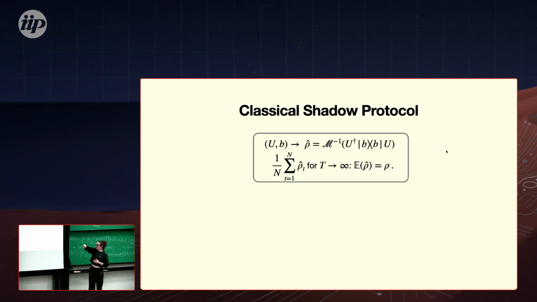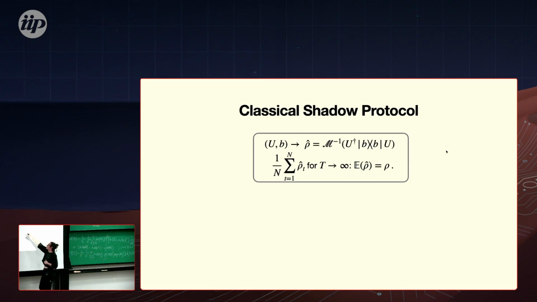And I just told you that you can define this single shadow, and then you can define the snapshot. And I tell you that if you now do this a lot of times, so n many times you draw a random measurement basis, be it local or global, then you get out your measurement outcomes, and then you always sum over these snapshots, that when going, oh, not t to n, sorry, that's a typo.